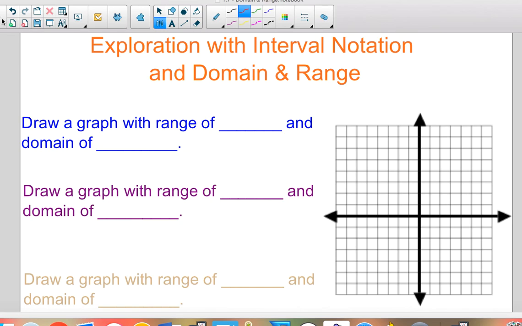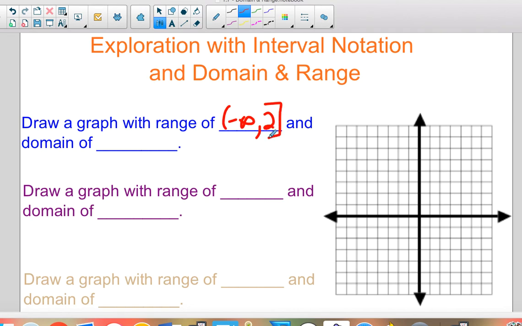Okay, so with interval notation and domain and range, I want to draw a graph with a range of, let's just say, I've got a different sheet here, -infinity to 2, and I can be equal to 2.